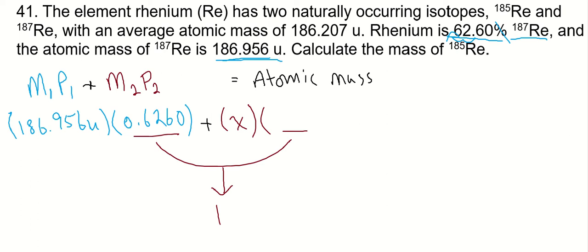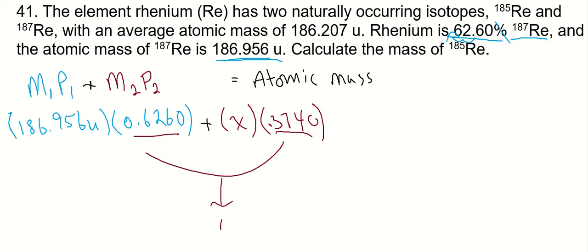If you add up that plus that, you get 1, or 37.4% plus 62.6% is 100%. All that equals the atomic mass, which was given to us in the problem. There it is.